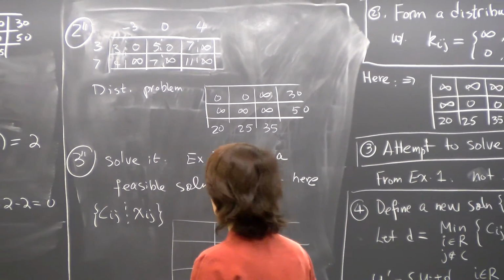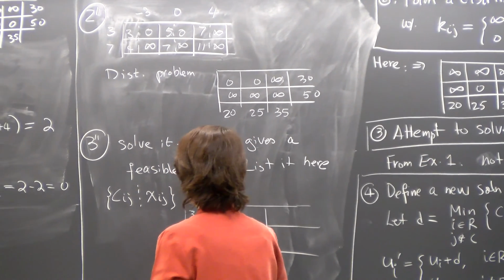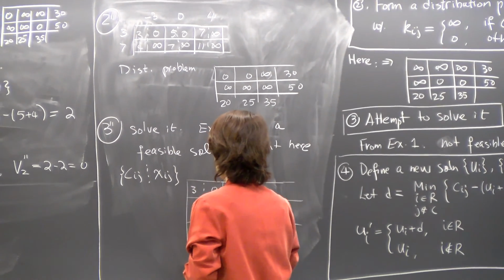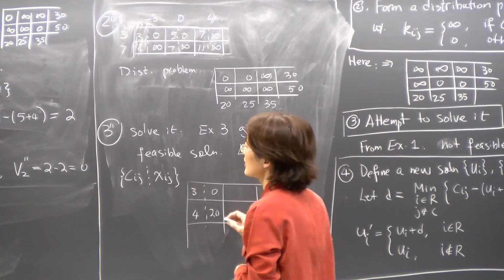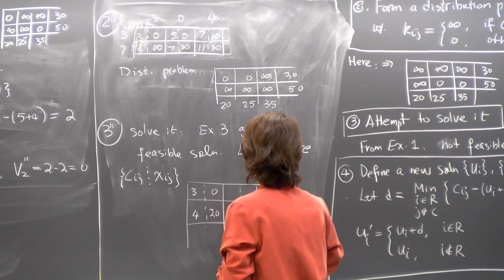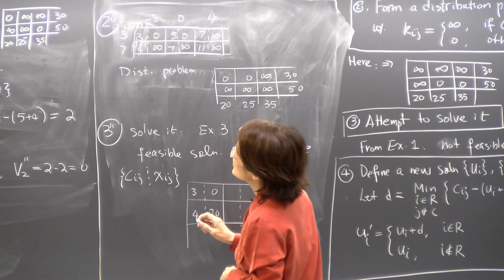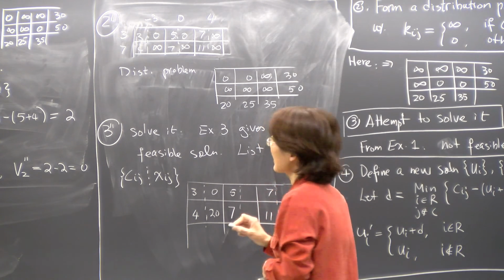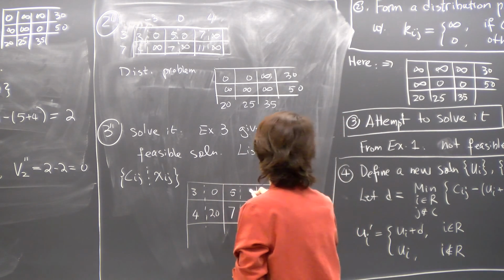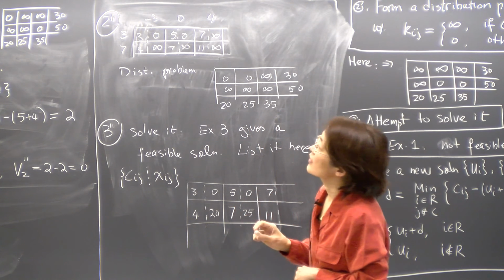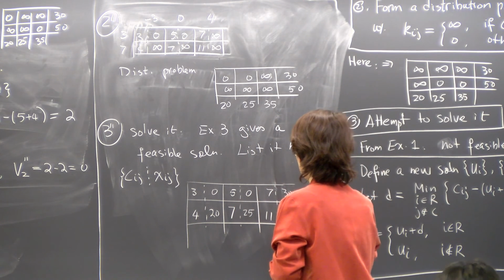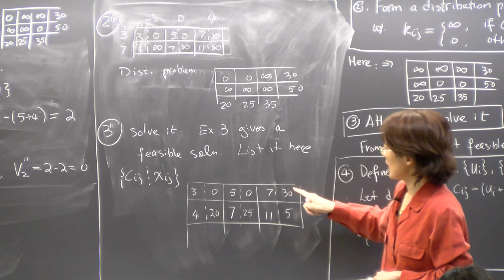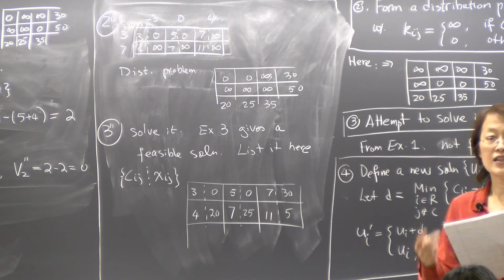So the cost is 3 and 4, and the schedule that was feasible was 0, 20, and let me put in the C's first. 5, 7, 7, 11, and the schedule was 0, 25, and 30, and 5. So here are the costs, and then on the right, this is the schedule. And we found out that it's feasible.